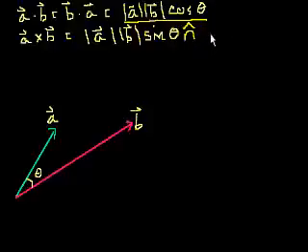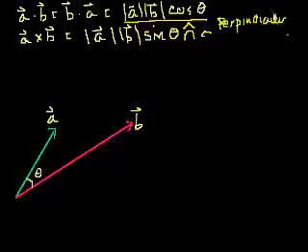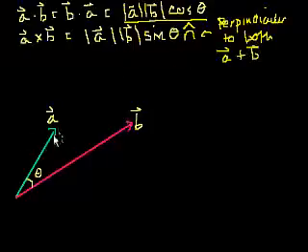This is a vector. It's perpendicular to both A and B. And then you might say, okay, A and B, the way I drew them, they're both sitting in the plane of this video screen.